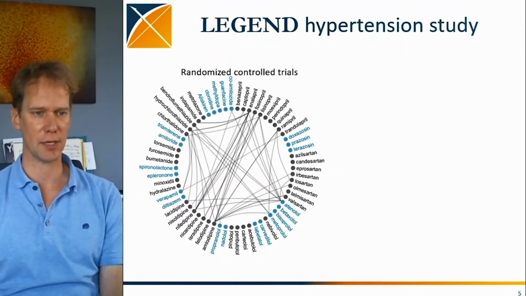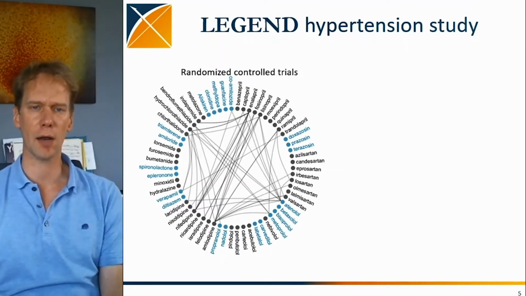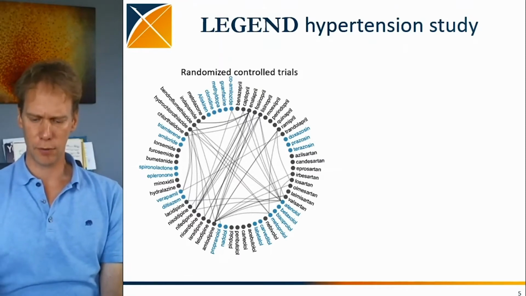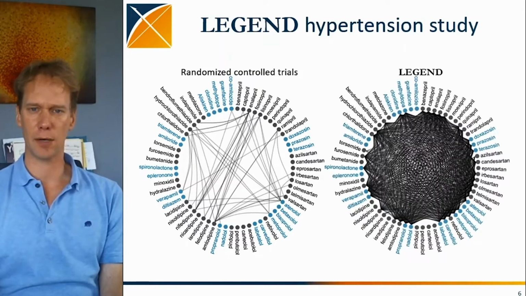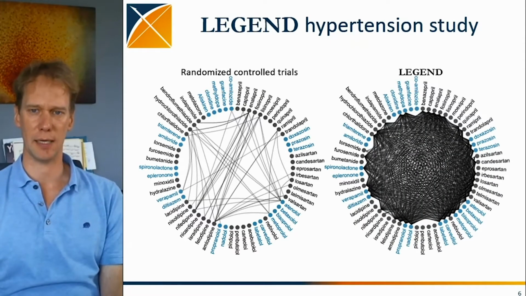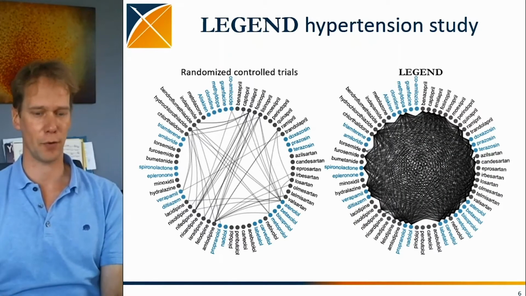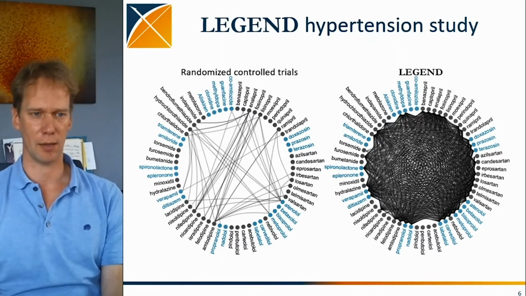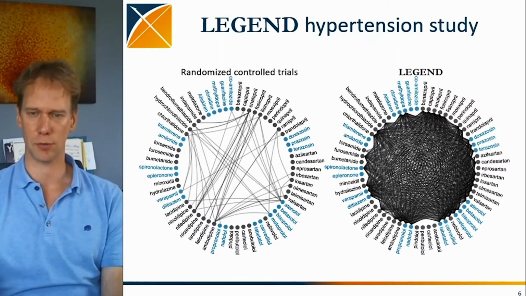Now, hypertension is an area where there's been a lot of research, a lot of randomized trials, so there are quite a few lines in this plot. But I think you'll agree with me that that pales in comparison to the comparisons that were made in LEGEND. And this is just for the monotherapies. So LEGEND can answer many more questions than we could ever answer with randomized trials.